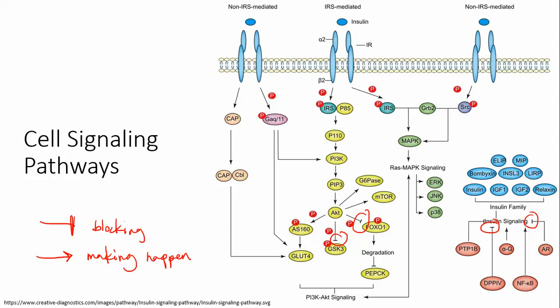So keep in mind, when you have cells, there's always these complicated series of things where some things are being inhibited or turned off, some things are being activated or turned on, and all of those things can kind of interact with each other. When you see that kind of block line, that horizontal line, that means it's blocking or stopping it. And then on the other hand, when you see an arrowhead, that means either a reaction is proceeding or this is where it's going. So those are all important things to pay attention to.